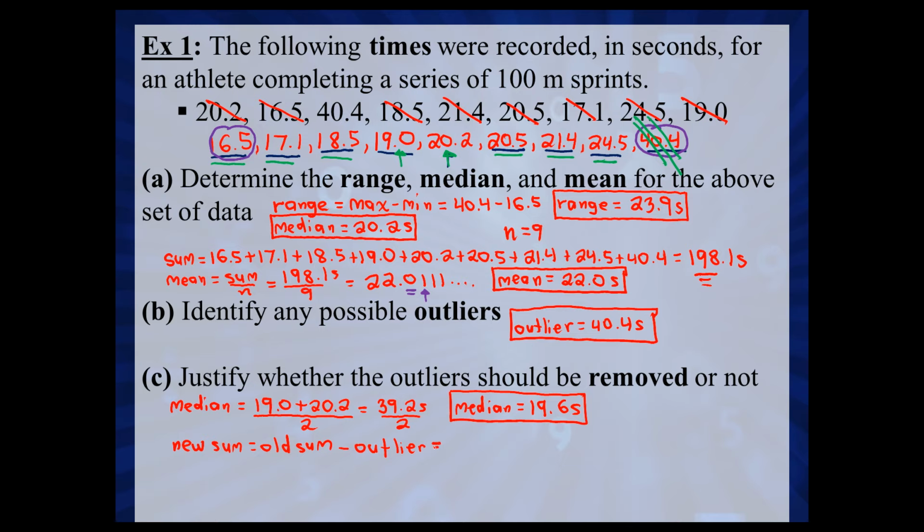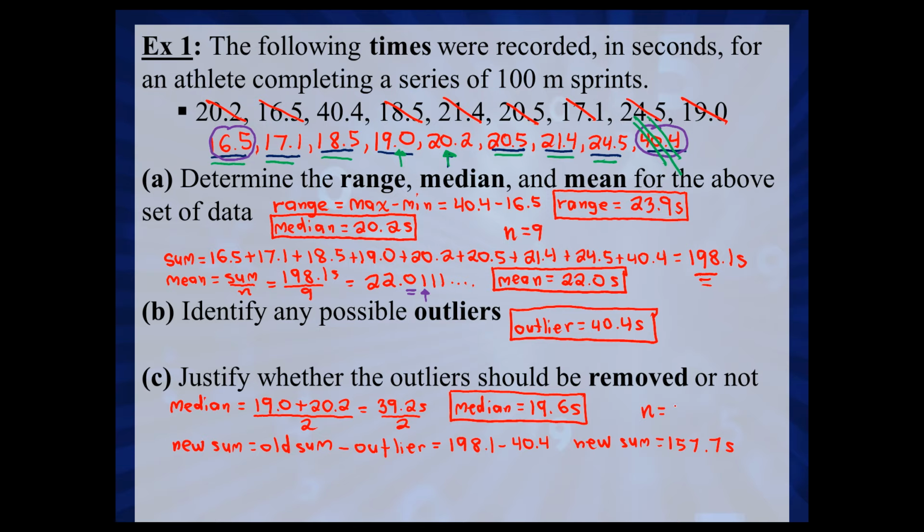Okay, so that would be the old sum, 198.1, subtract the outlier, 40.4. And then this new sum would be equal to 157.7 seconds. And also, because we've removed one data point, our n value isn't 9 anymore.